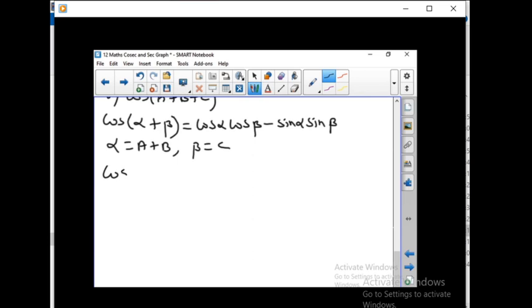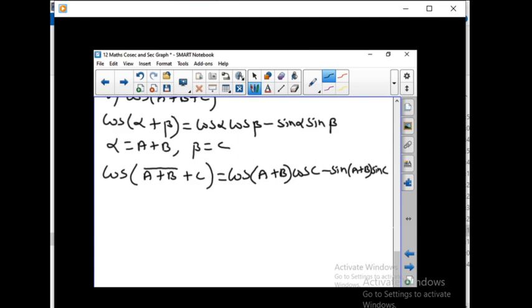So, we get cos(a plus b plus c) is equal to cos(a plus b) cos c minus sin(a plus b) sin c. So, now again we have to use the cos(a plus b) formula or cos(alpha plus beta) formula.